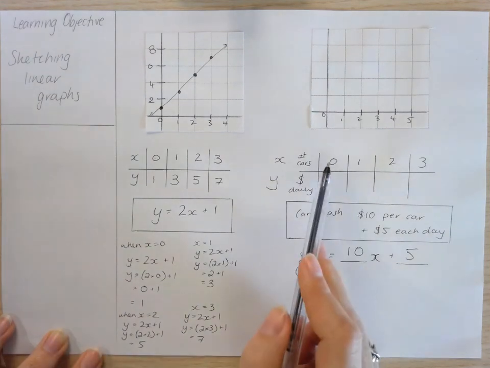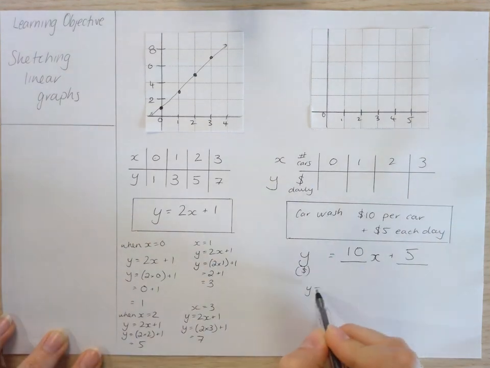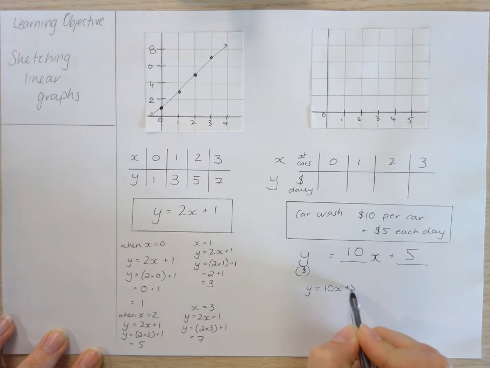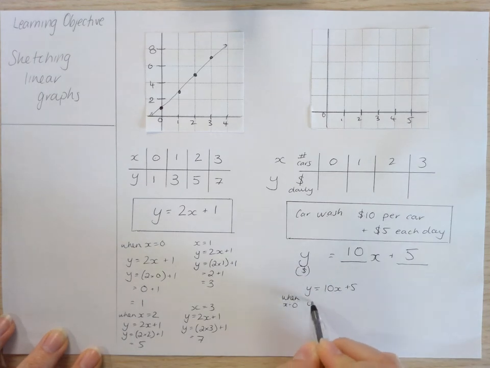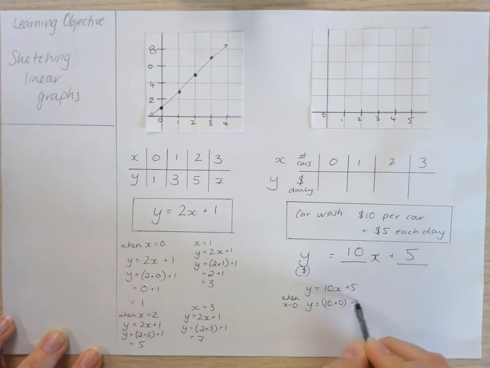So if I wash 0 cars, and my equation is 10x plus 5, and I have washed when x equals 0, and I know I have washed 10 times 0 cars, plus our $5, I'm going to make no money from washing cars, but $5 from just rocking up.